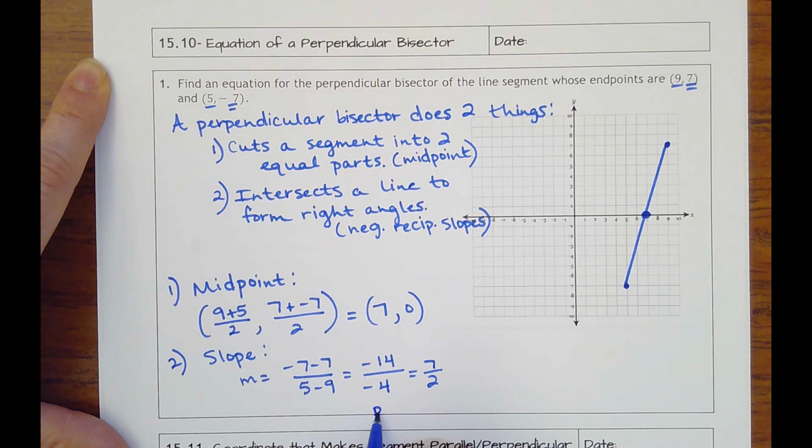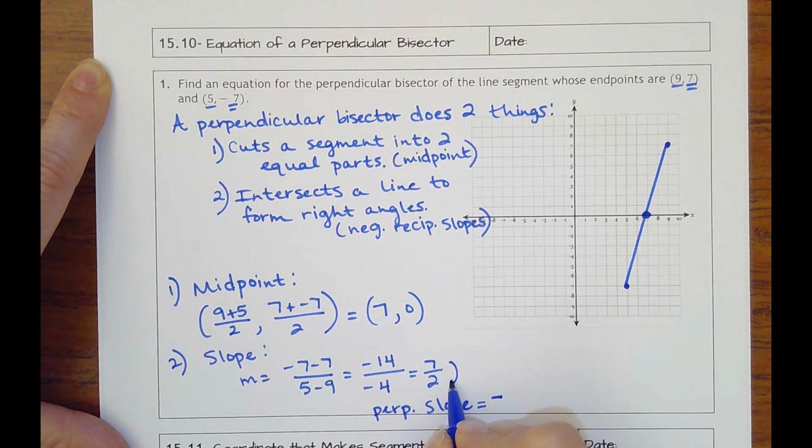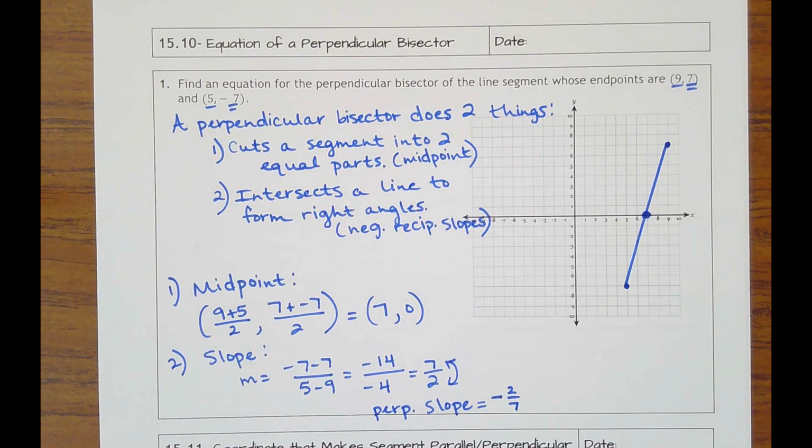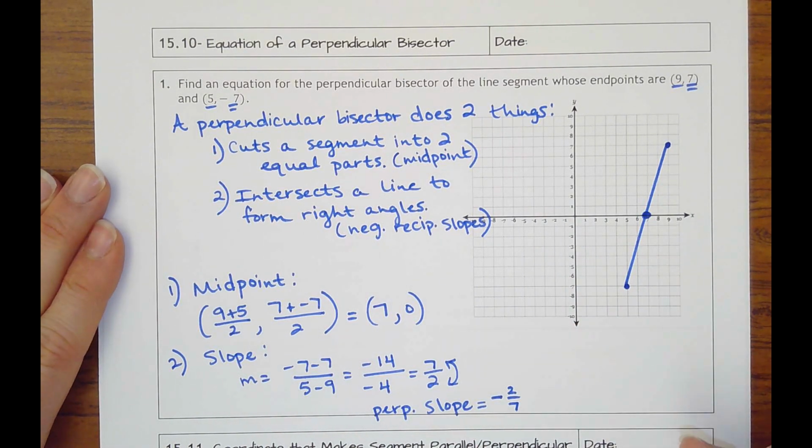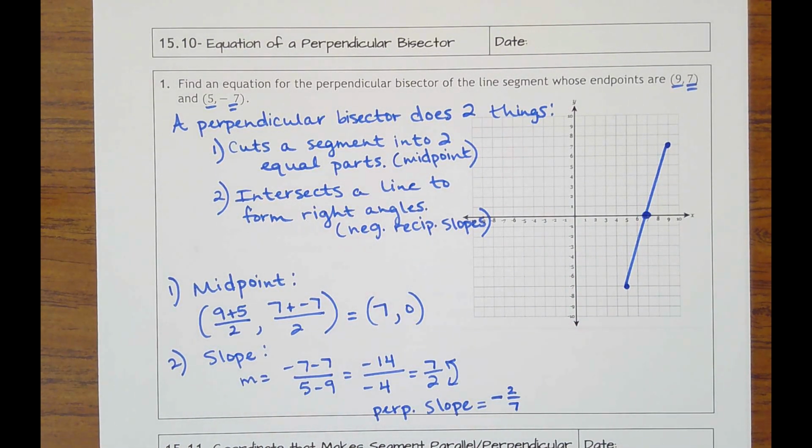But to be perpendicular to that, I have to make it the negative reciprocal. So I'm going to flip and have that be -2/7. So now I have everything that I need to be able to write a line to be a perpendicular bisector. So let me switch colors real quick.